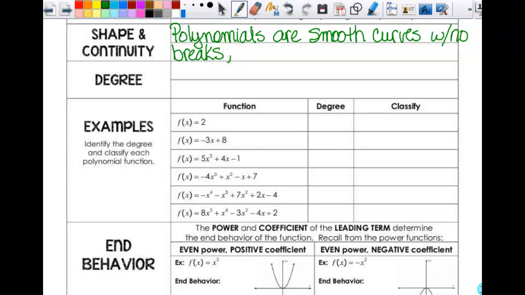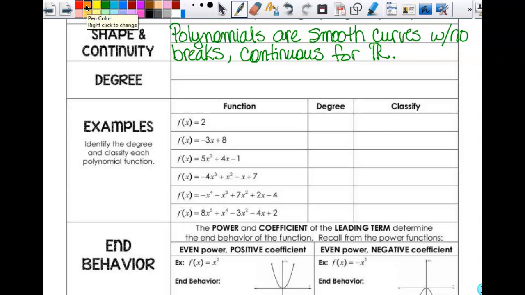If I put my pencil down on the far left side and I trace over my polynomial, I'm not picking my pencil up. If there are no breaks, it means it's not discontinuous. So it is continuous for all real numbers. All polynomials are continuous. If we have something that's not continuous, it's not a polynomial. It's still a function, it's still an equation, but it's not technically a polynomial. Okay, easy enough?